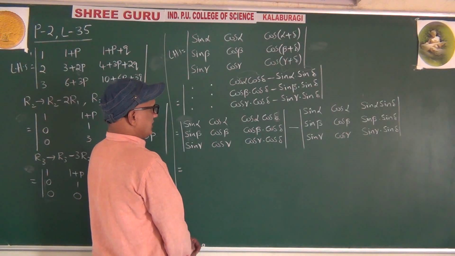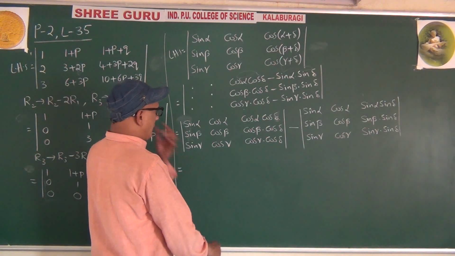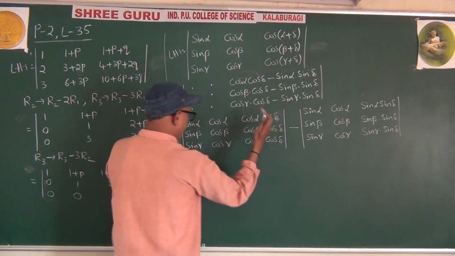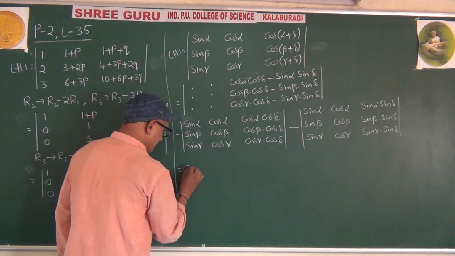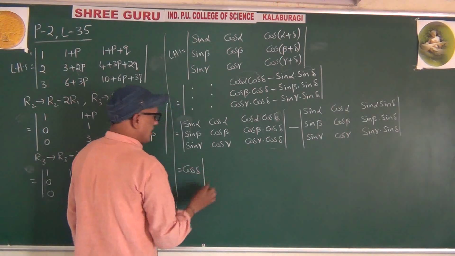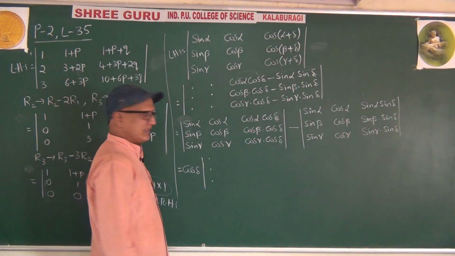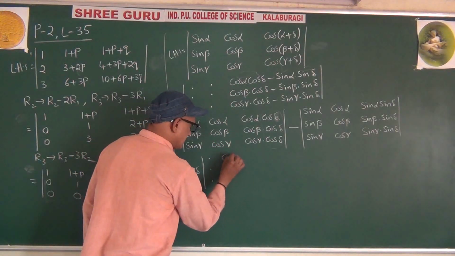Now what I am doing? I am going to take cos delta common from this determinant. First column as it is, second column also as it is.